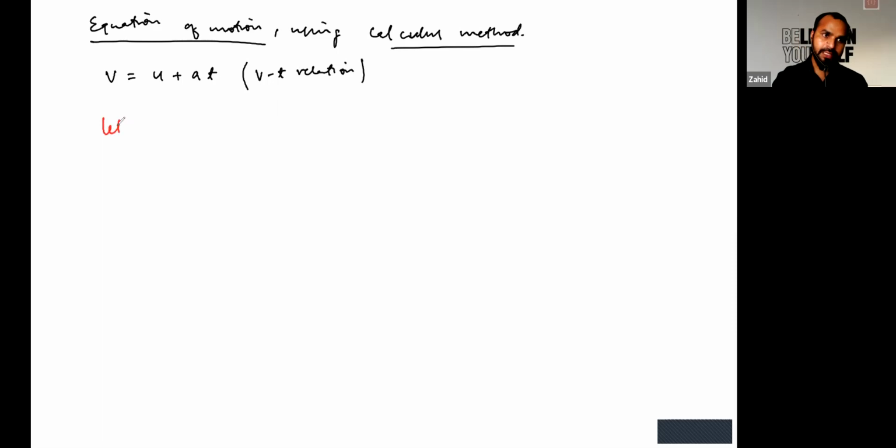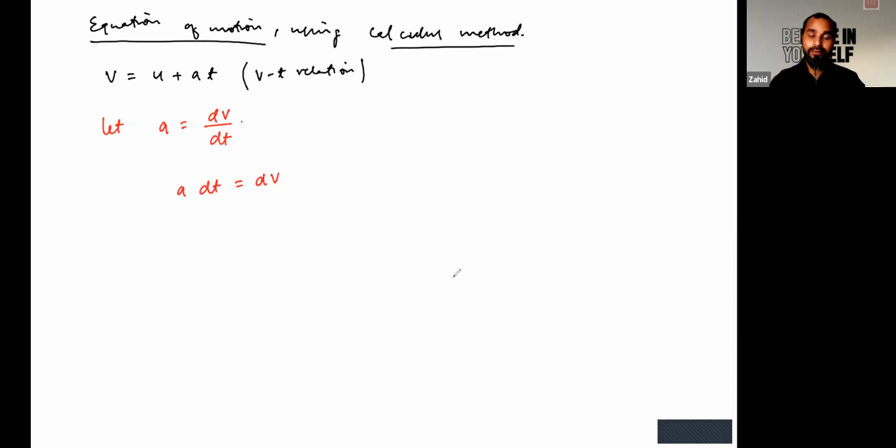So first, let's take acceleration equals dv over dt. Now rearrange this to bring dv to one side and move dt to the other side. So it becomes a times dt equals dv.